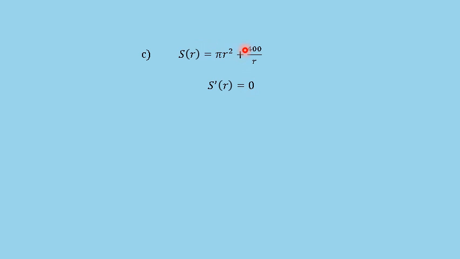We differentiate this, we equate this to 0, and we solve for r, because r is going to be the only variable. But before we do that, let's simplify this. We have pi r squared plus 400 r to the exponent -1.